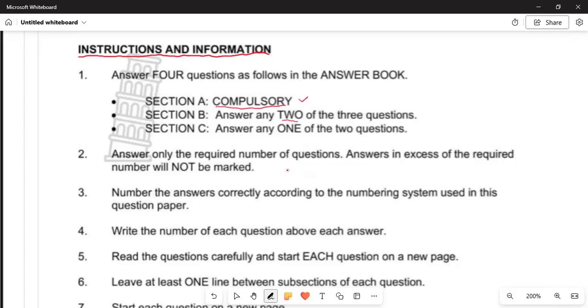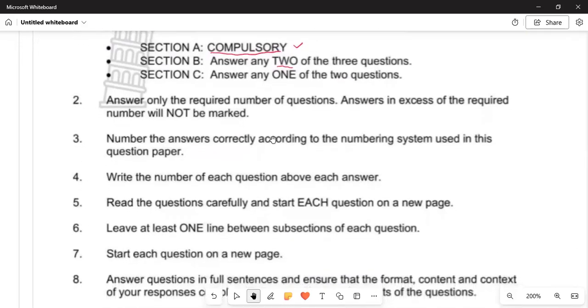But we are trying by all means to prepare you for the exams, so in Section C, you are only going to answer 1 question, though you are going to attend to both.